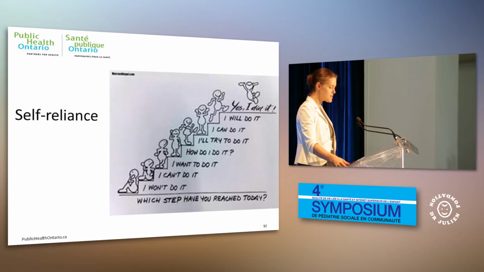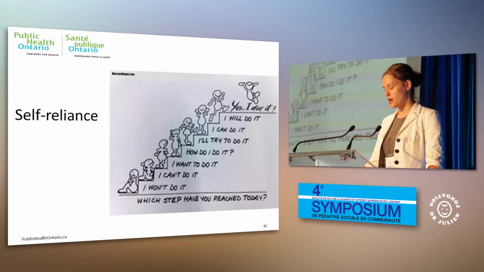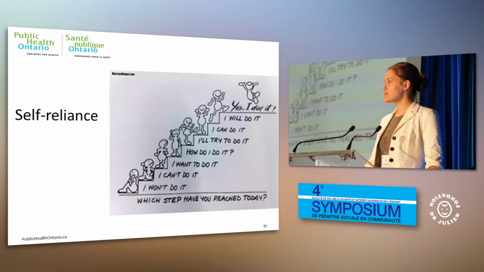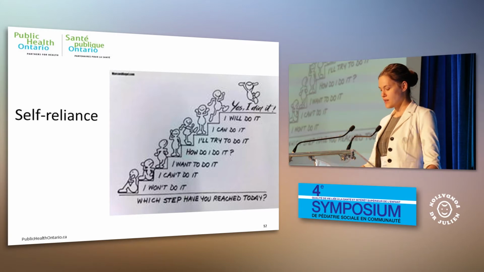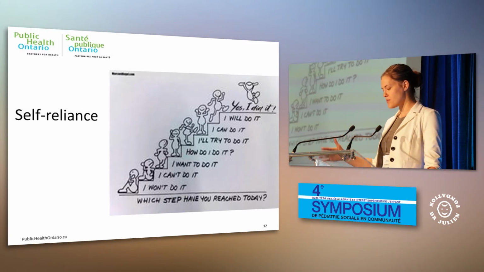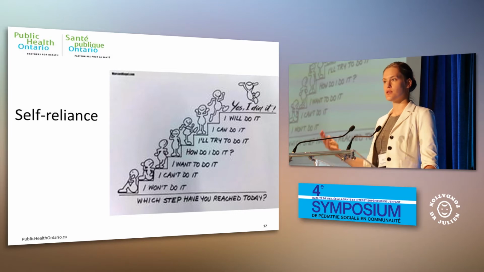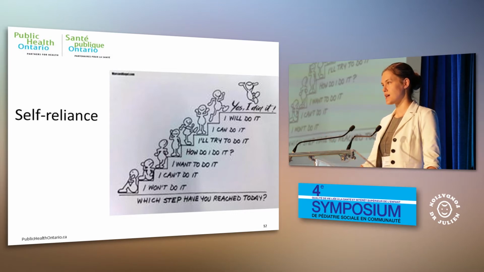So families needed to feel that they had some control, that they were able, that they wanted to improve their health, that they wanted to be involved in their health care. And in many cases, as you all know, the families that came initially to the programs were very disempowered, and they were not necessarily motivated.